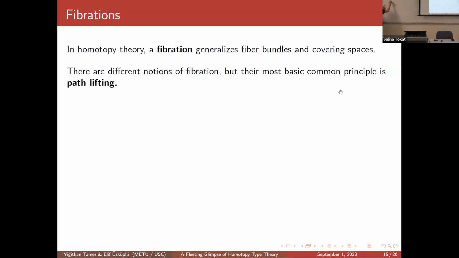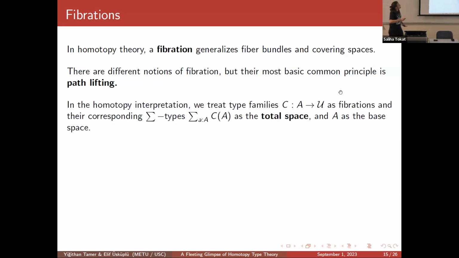And there's this map P. So whenever there's a path on the base, you can lift it, meaning that if you take the image under P, it will be on the same place. So that's basically what a fibration is. You can lift paths basically, right?